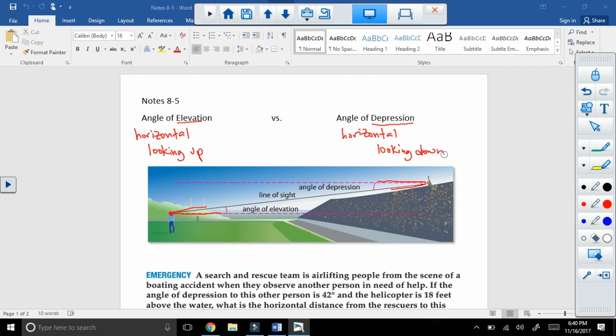These are actually going to be two congruent angles, and it just kind of depends on how we're going to be setting up our picture. These will be congruent because they're alternate interior angles, and these lines here would be parallel because we're talking about horizontal. So this person's looking up to that person, that would be their angle of elevation. This person up here is looking down, and that's the angle of depression.